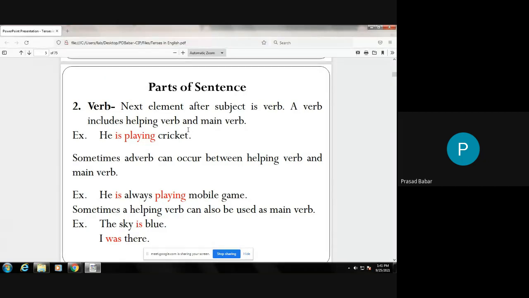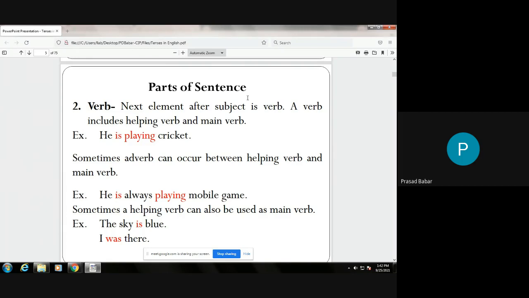Let's understand it with an example. The sky is blue. So is there any main verb present in this sentence? No. There is only a helping verb in this sentence.